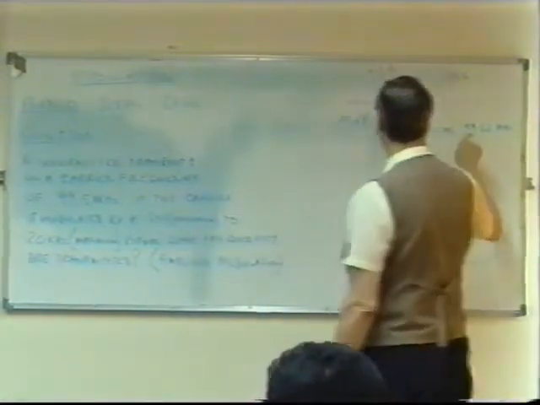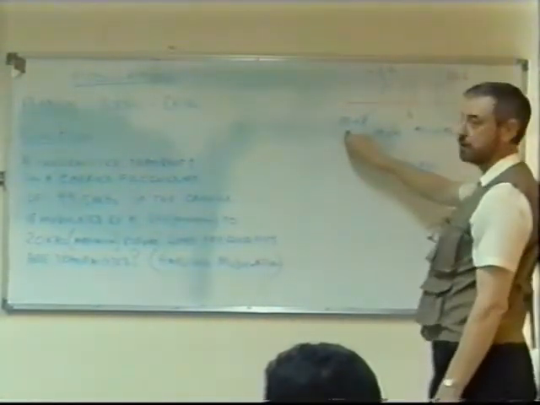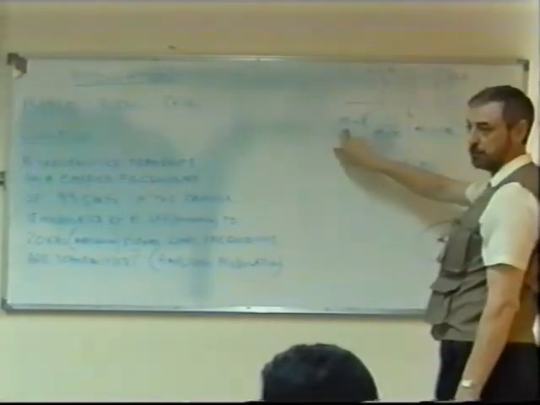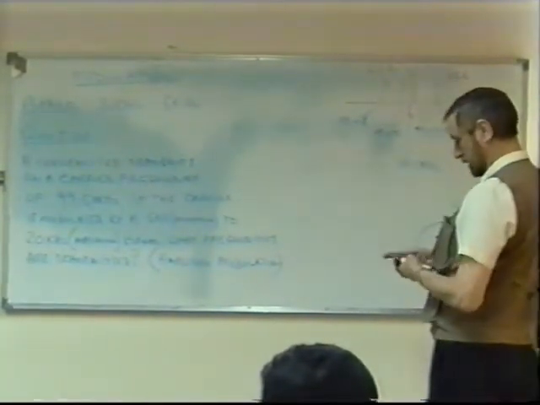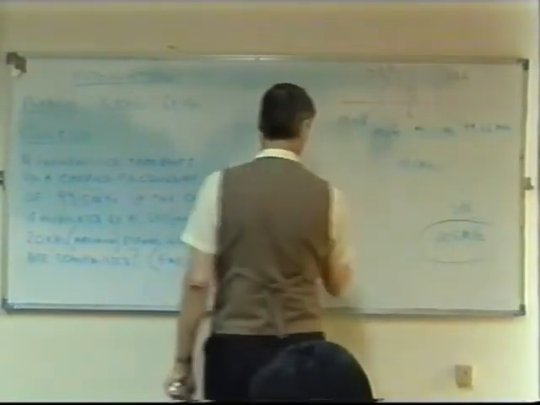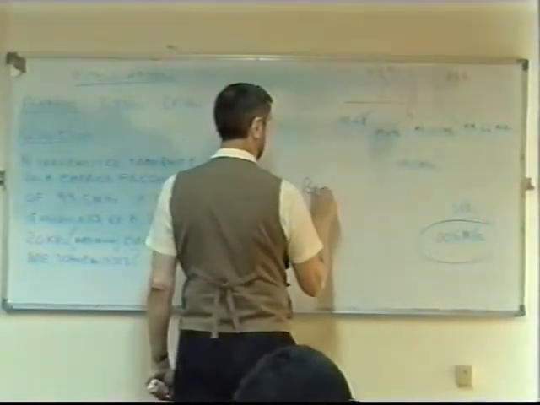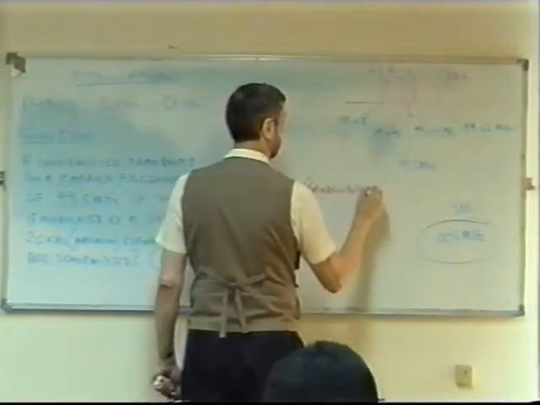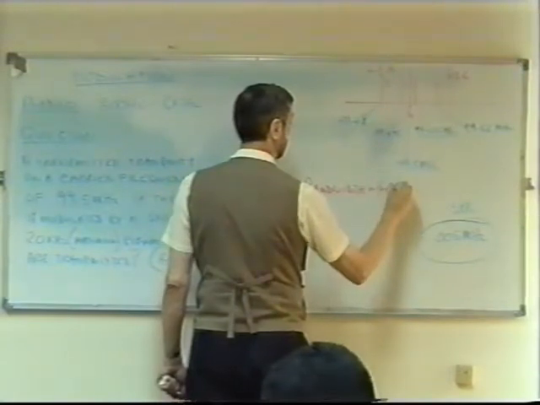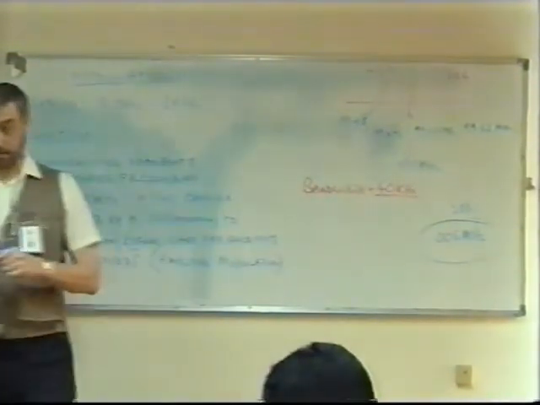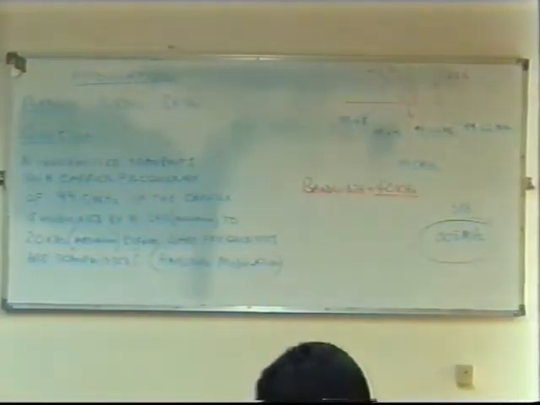If you take this and subtract this from it, what do you get? 99.52 minus 99.48, you should get 40 kilohertz. So there's an easy way of doing that. Just take the highest frequency and double it. That's 40 kilohertz.